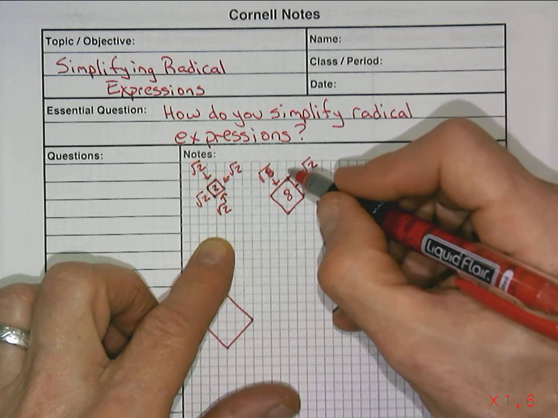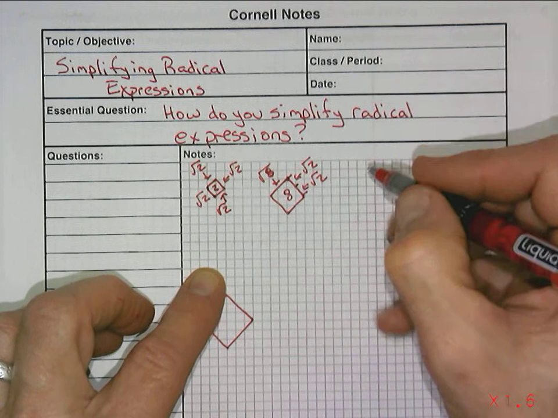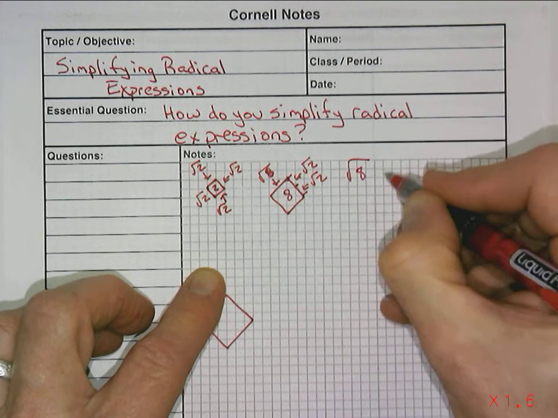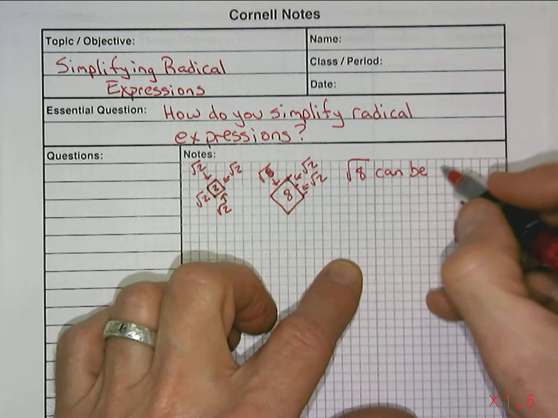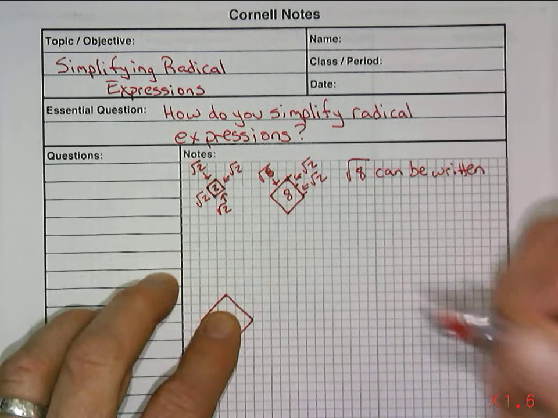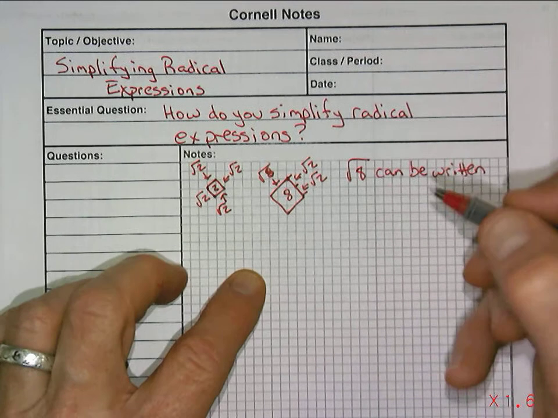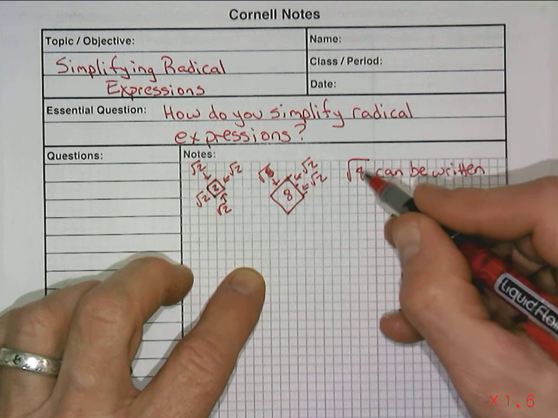So what that actually means is that the square root of 8 can be simplified, or can be written another way. A lot of times we say simplified because that's what we consider this as. We're getting the root to be the smallest possible root.